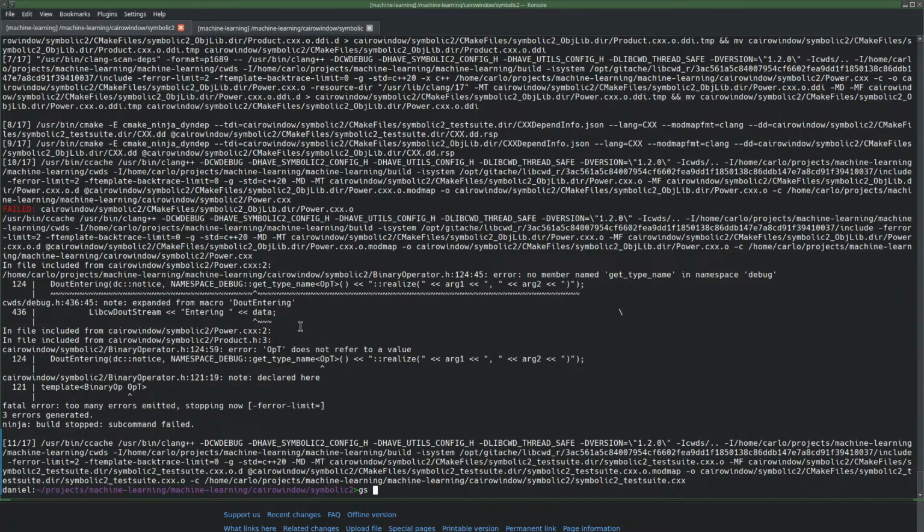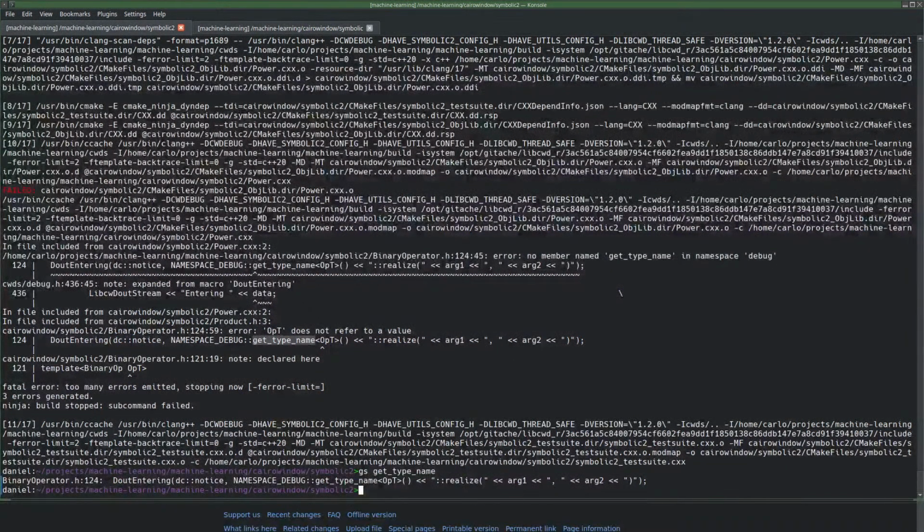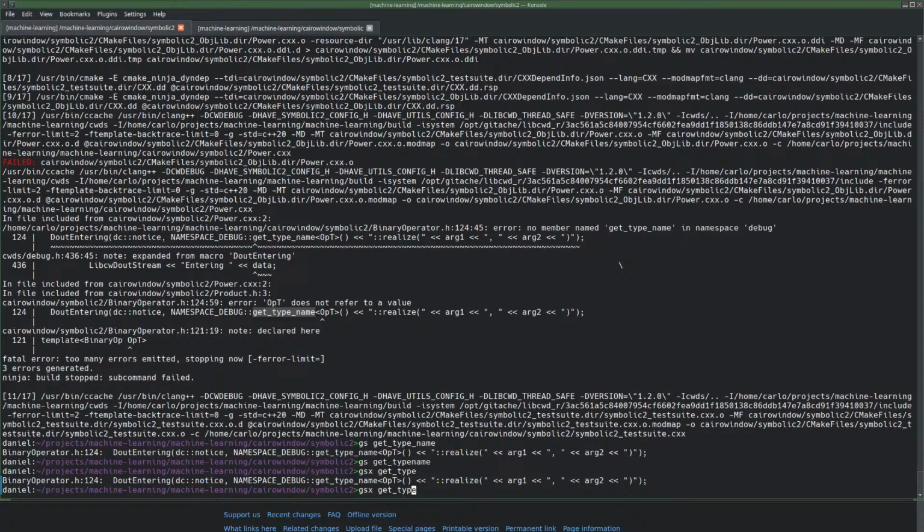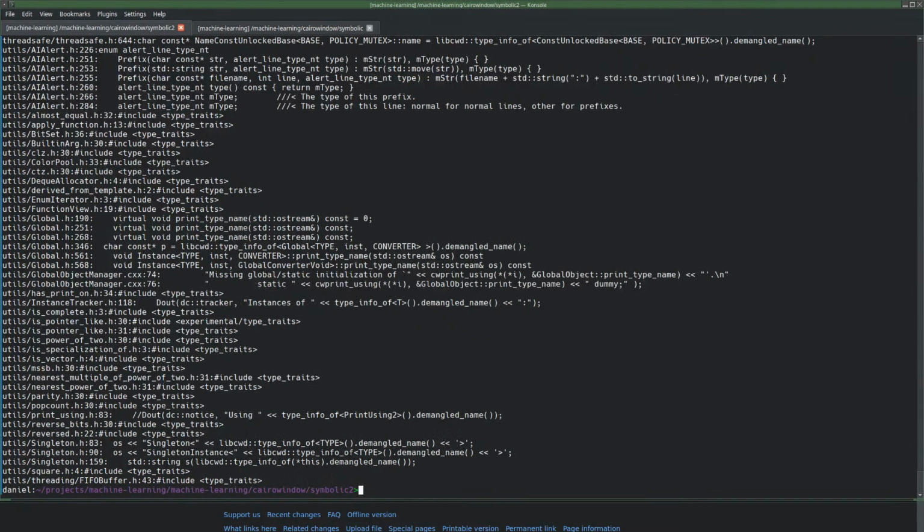Why not? Exists? Oh yeah. What else can it be? Get type name without underscore? Nope. Get type. We have type info off, but I'm pretty sure there was a name in it.